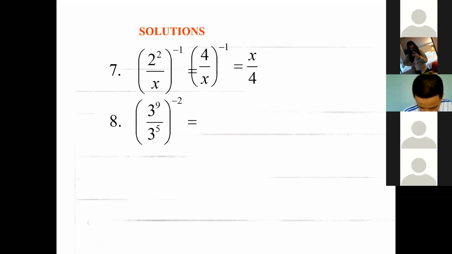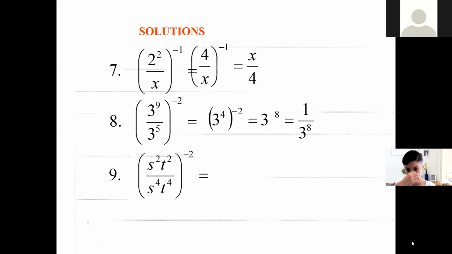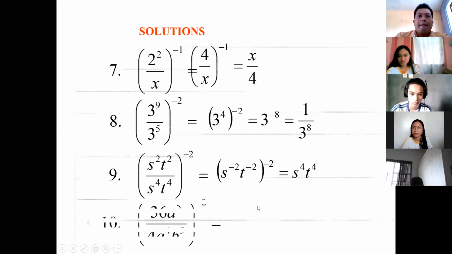Simplify first. 3 to the power of 9 all over 3 to the power of 5. That is 3 to the power of 4. Then after that, raise it to the power of negative 2. So that is 3 to the power of 4 times negative 2, which is negative 8. And then simplify it further. So you have 1 over 3 to the 8th. Number 9 and number 10, you have here the solution.